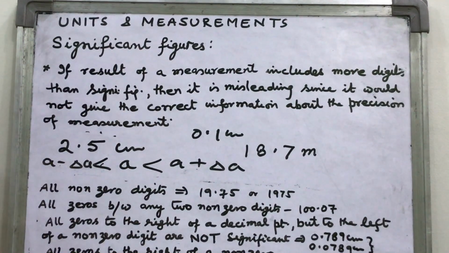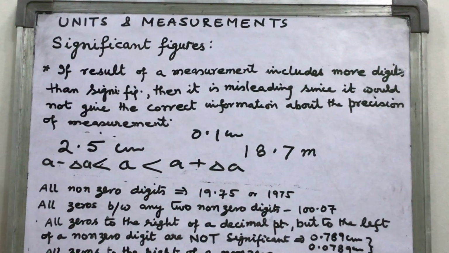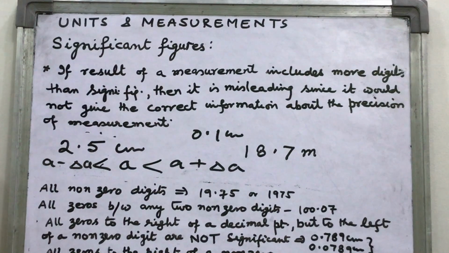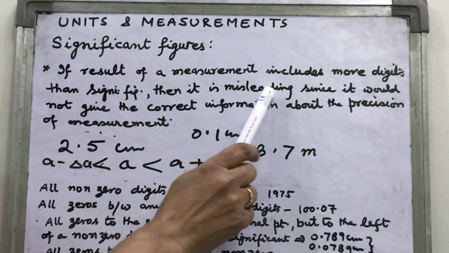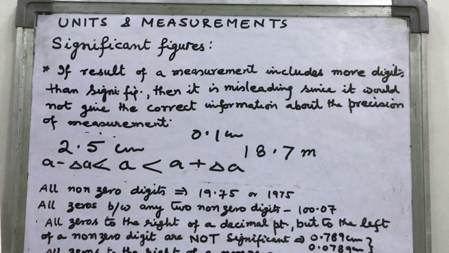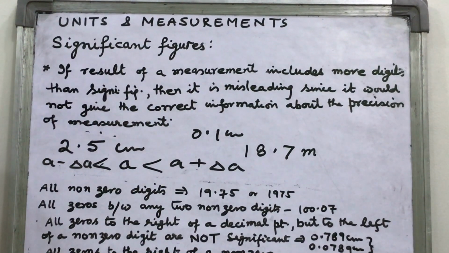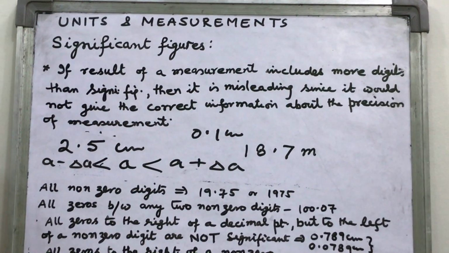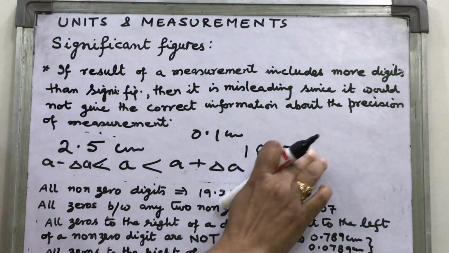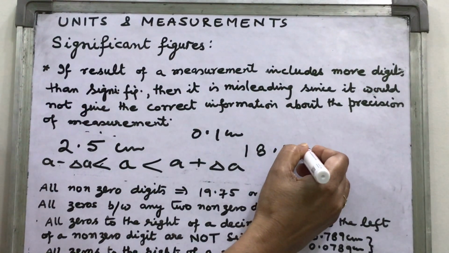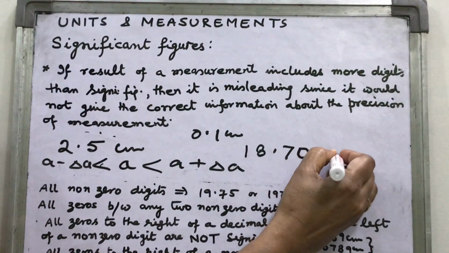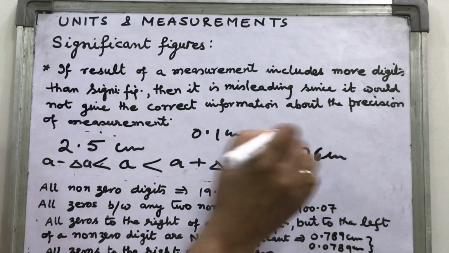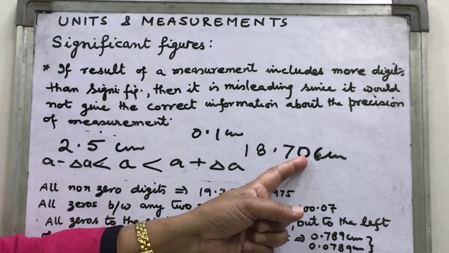Now what is the main precaution? Suppose you don't take that precaution. Look at this point. If the result of a measurement includes more digits than significant figures, what does that mean? Suppose you are measuring by scale and you are writing 18.70 centimeter.